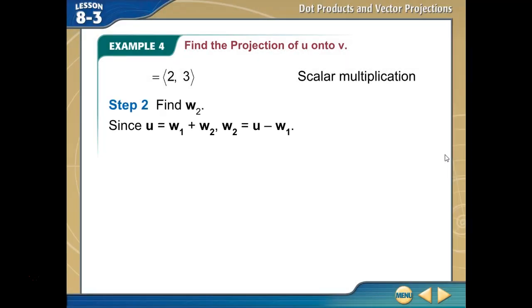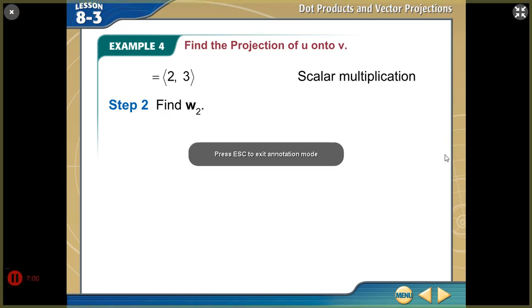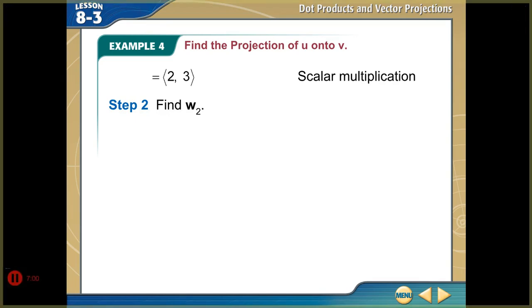All right, and now we need to figure out W2. Now if we remember, W2 was that other side of that triangle. So we had our vector going up. We just figured out W1, which is down here, and then we're looking for W2.